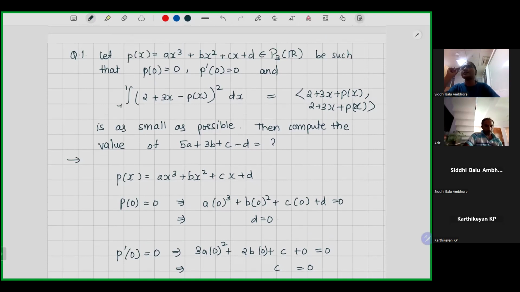Yes, exactly. So we have to use those things, because if u is orthogonal to v, then we have this inner product property, right?